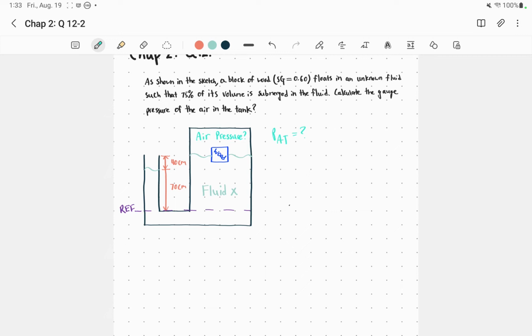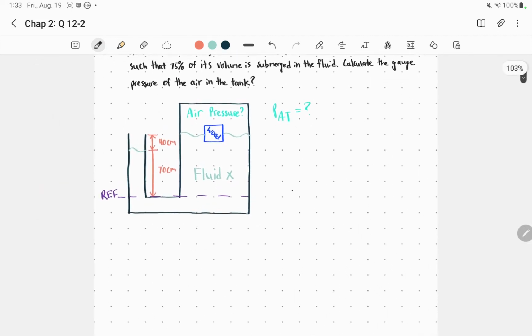It does say that they want us to use gauge pressure, so we can just ignore atmospheric pressure, even though there is atmospheric pressure on the left. Because we're using gauge pressure, we're just going to assume it to be 0.